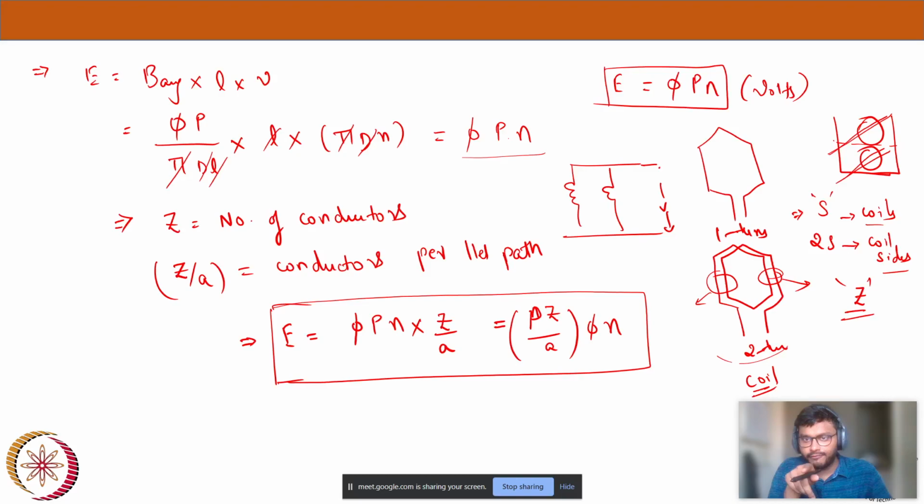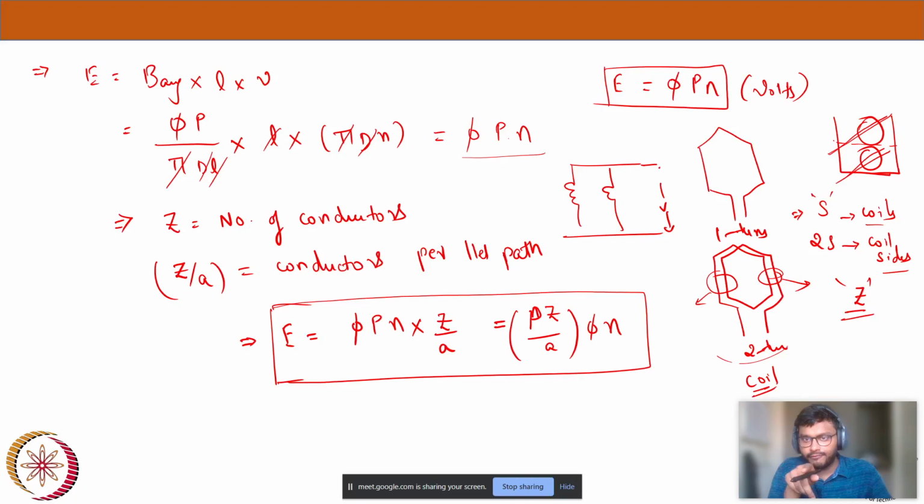Now my rotor, my armature winding, is under the poles, and EMF will be induced because the flux generated by the field winding cuts the armature conductors. The figure you are seeing here is the flux field distribution in a DC machine.